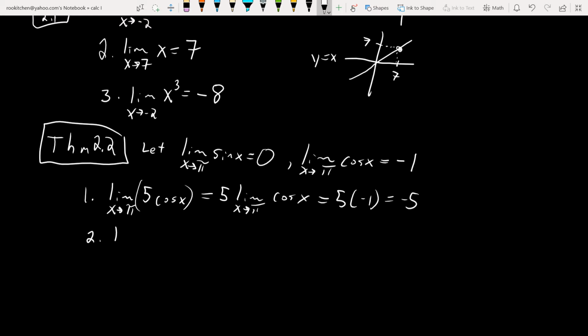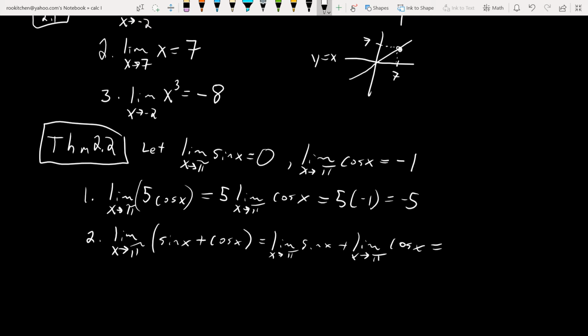The limit of a sum is equal to the sum of the limits. So if you have the limit of sine x plus, or even minus, cosine x, we'll just go with plus, that's equal to the limit as x goes to pi of sine x plus the limit as x goes to pi of cosine x, which is 0 plus -1, which is -1.